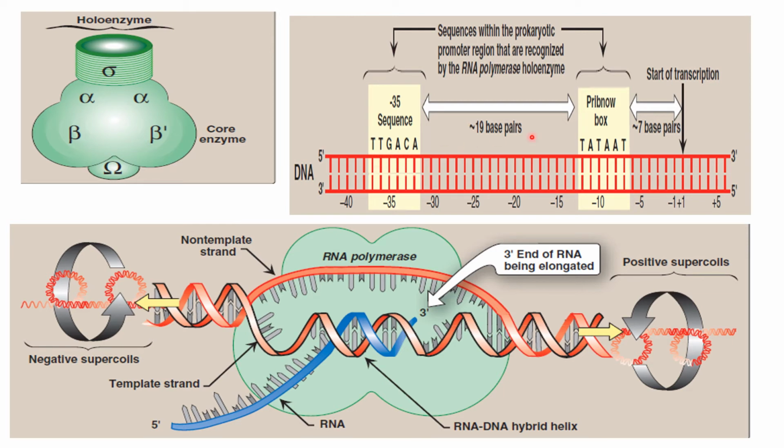These are the prokaryotic promoter regions, the -35 sequence and the Pribnow box, and sigma is involved in recognition of these promoter regions. But if the promoter regions are changed for a different gene, then sigma factors are also changed. This phenomenon is known as sigma switching, very helpful for the recognition of different types of promoter regions of different genes in prokaryotes.